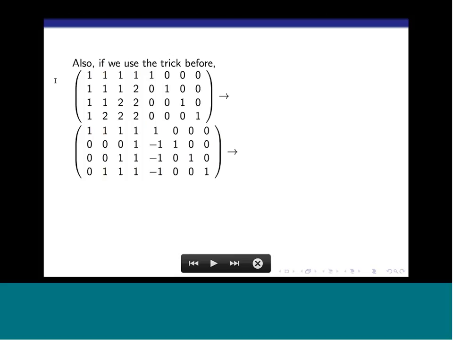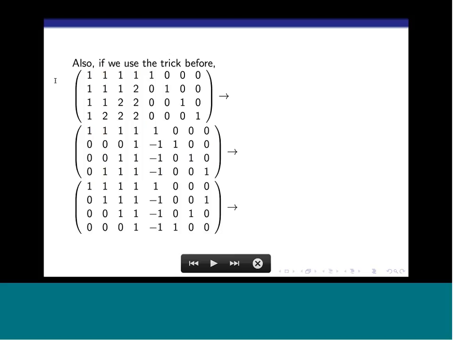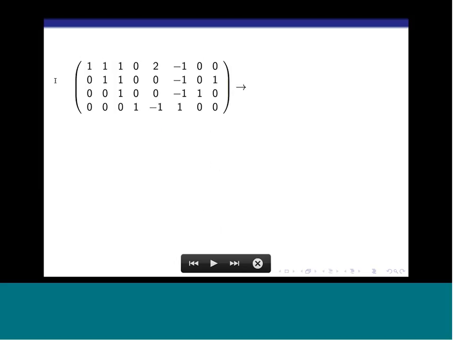So the first operation we already did. So the first row minus 1 plus anything, and switch the second row and the last row, then you get this. Then multiply minus 1 by the last row, then add back, then you get this.